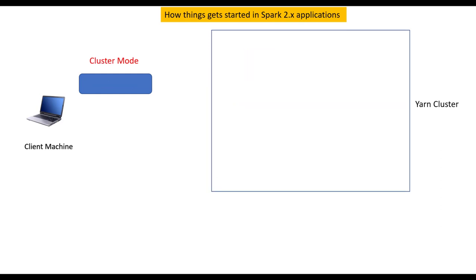Now see the second scenario, which is the cluster mode scenario. In cluster mode, we submit the packaged application using the Spark Submit tool. The Spark Submit utility will send the yarn application request to the yarn resource manager.